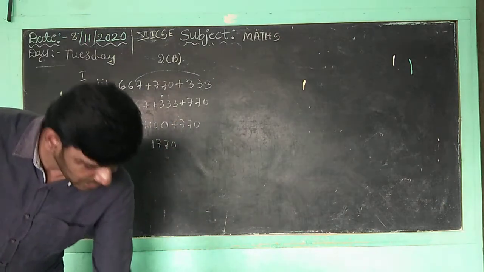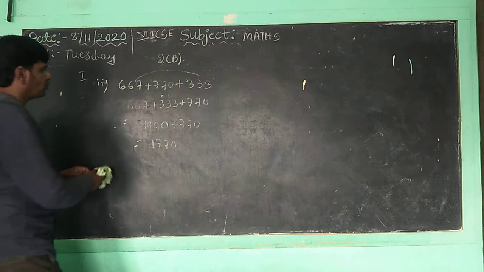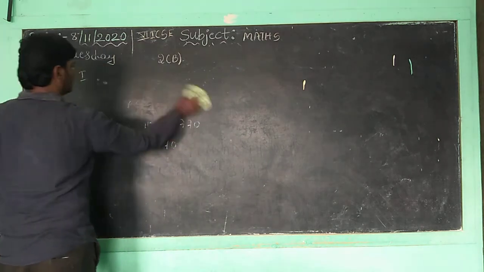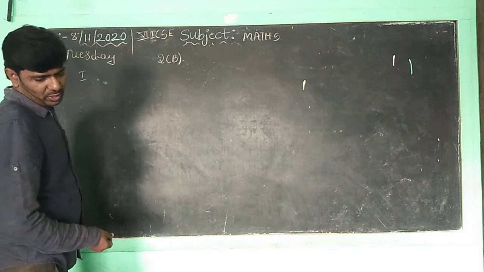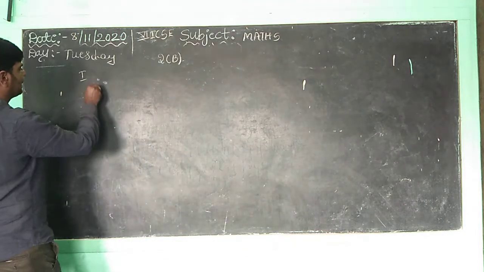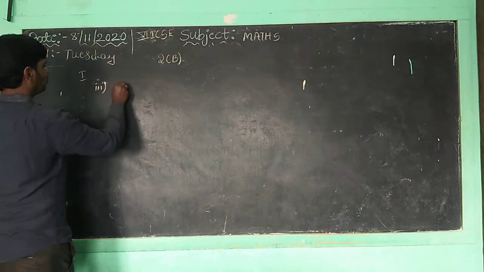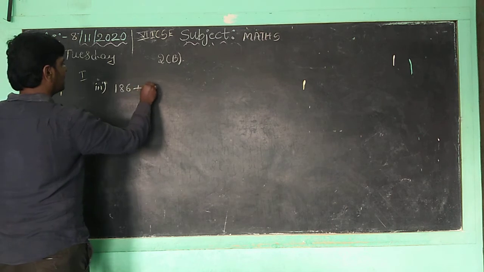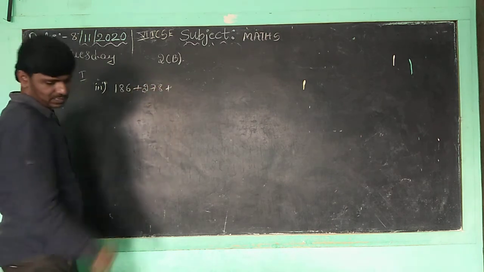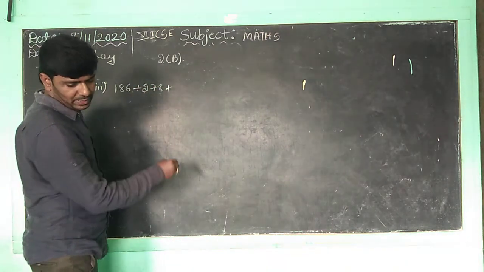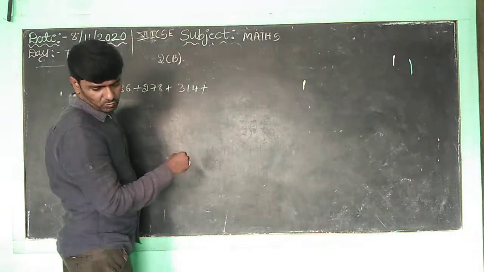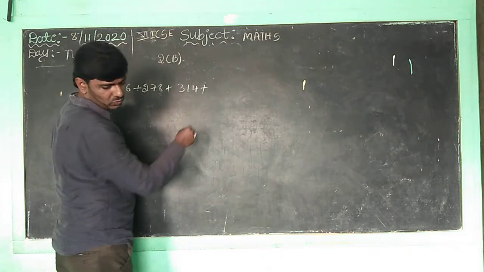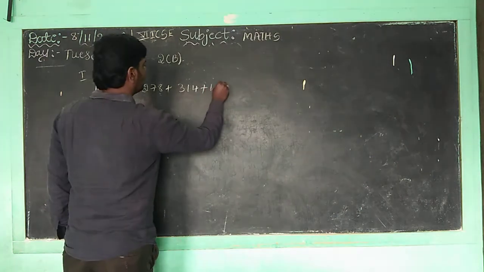Very simple. Students, now we want to take the next question. Third question. What is that third question? See, children, 186 plus 278 plus, children, 314 plus 442, children. 442.